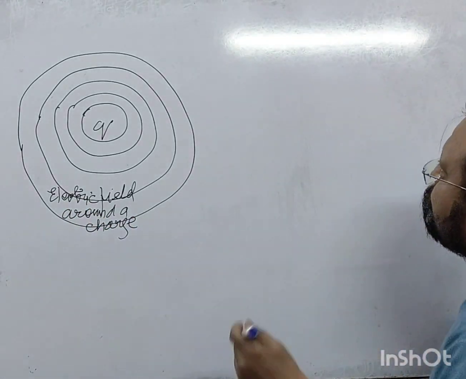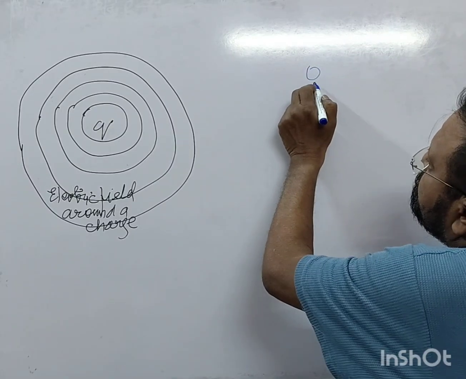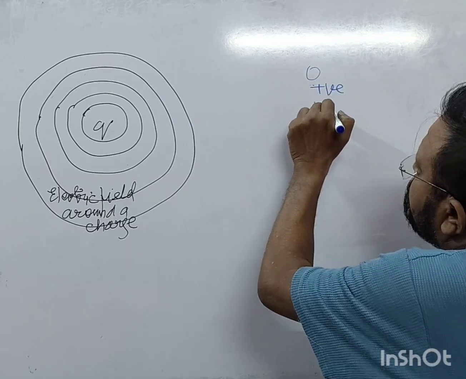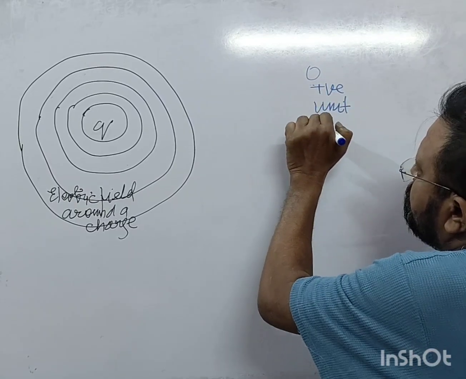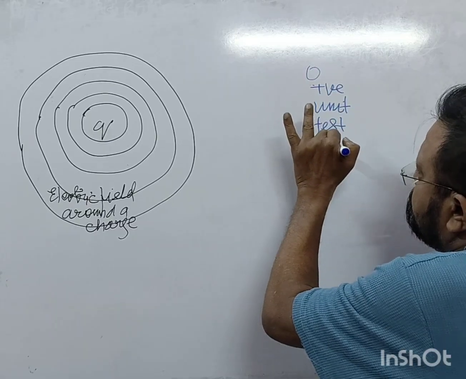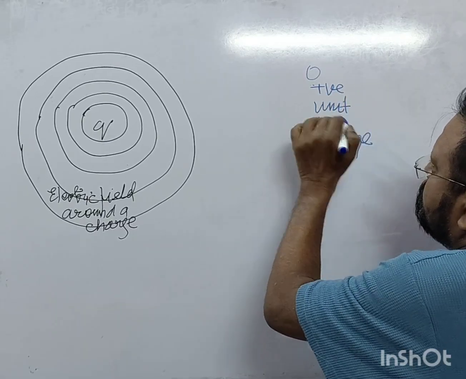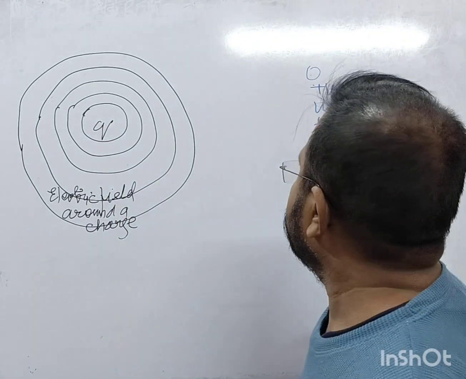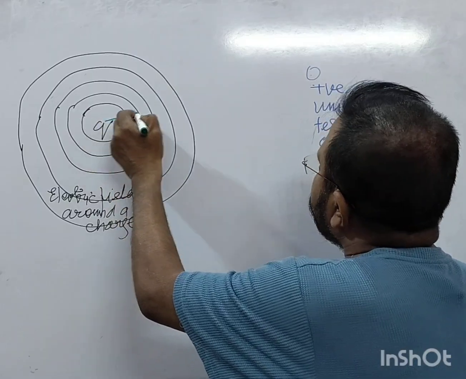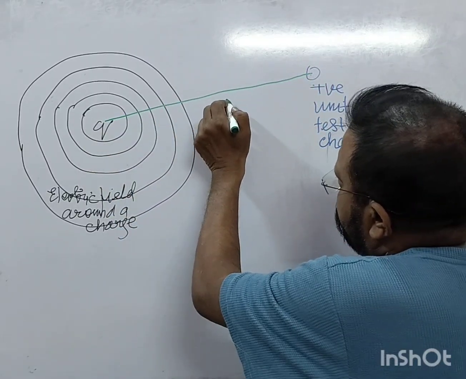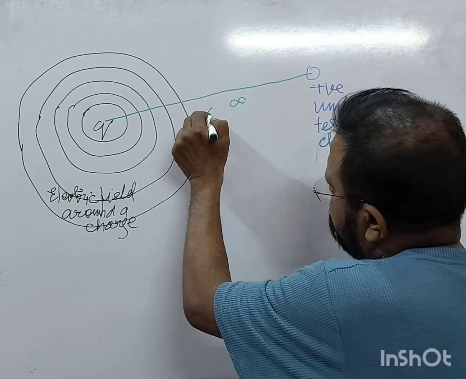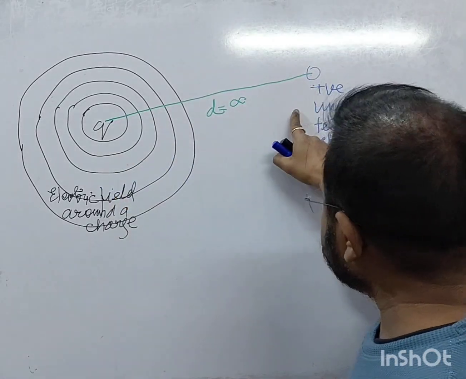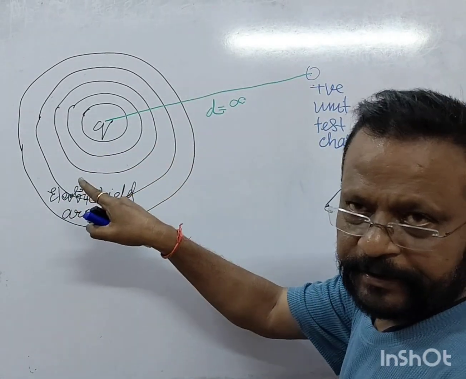And there is a positive unit test charge, and the distance between them is infinite.